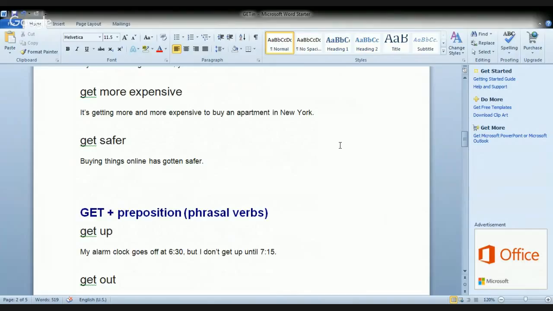Buying things online has gotten safer. Over the years, we now have systems, for example PayPal, which help us in buying online in a safe way, so no one steals our personal information. Any questions there?